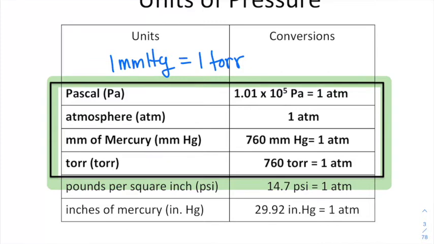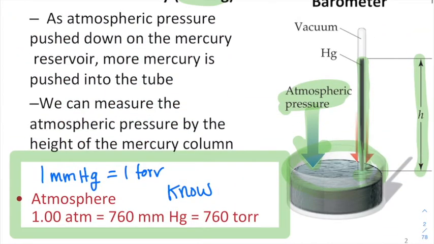There's a couple of conversions down on the bottom that I don't need you to know, but I wanted to show you these because you see them around. Pounds per square inch, or PSI, you see on your car tires and your bicycle tires. And then down below is one we don't use very often, but you know how Americans like the English system rather than the metric system. While other people were measuring their barometer in millimeters, Americans were like, hey, we like our inches.